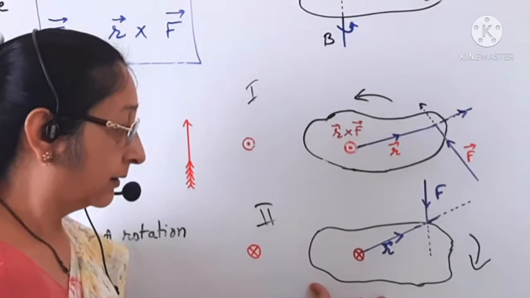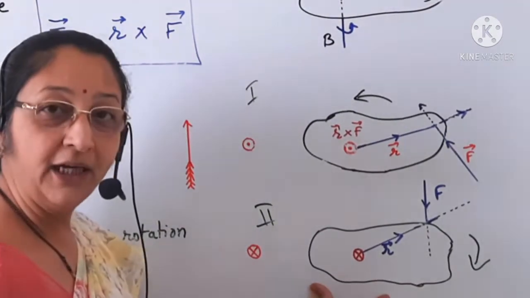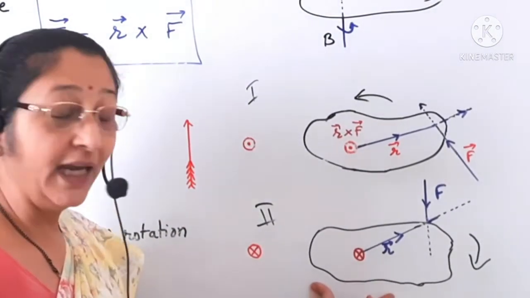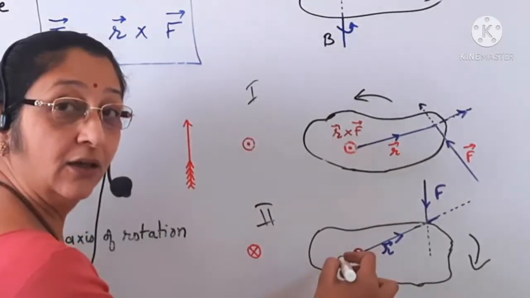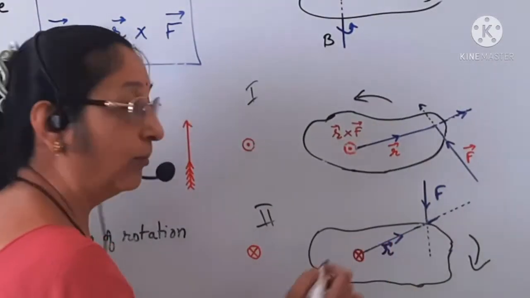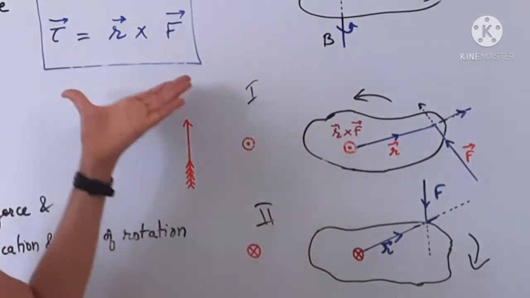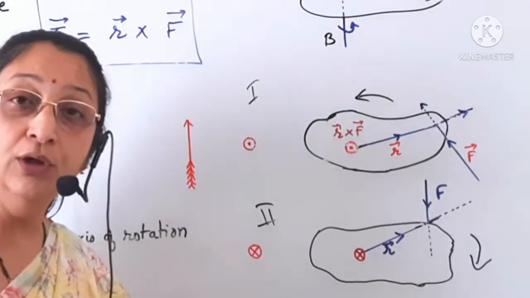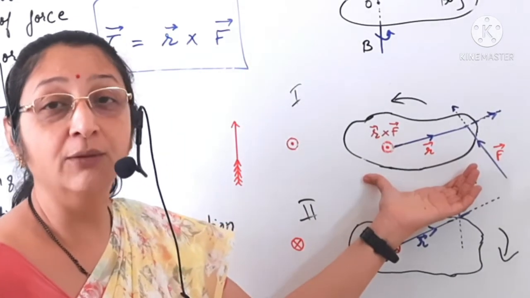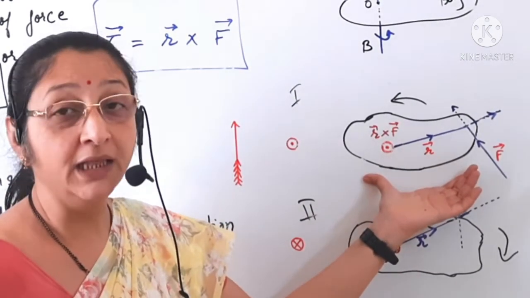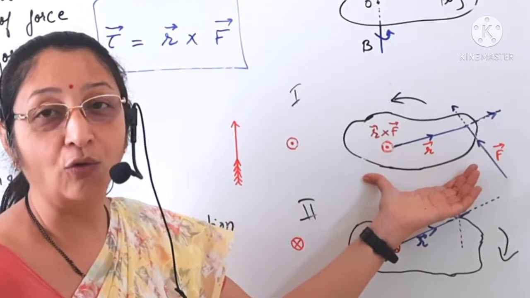That is, the torque is perpendicular to the plane of the board and the direction is inside the board. So, in this way, with the help of the right hand thumb rule, we find the direction of the torque when the body is rotating in the clockwise or the anti-clockwise sense.